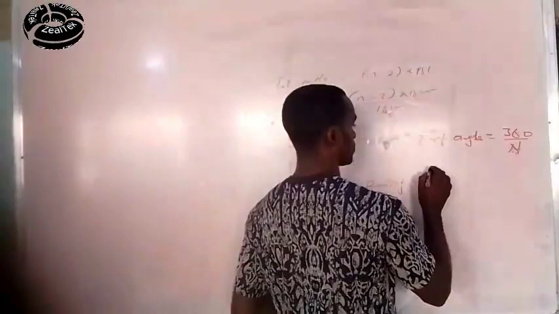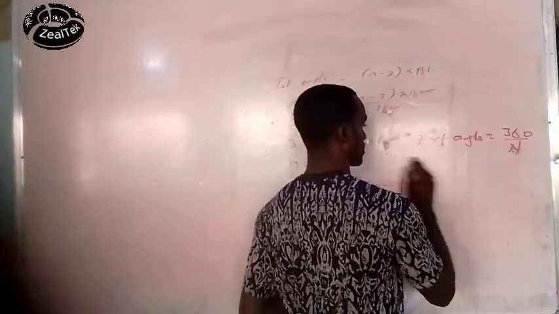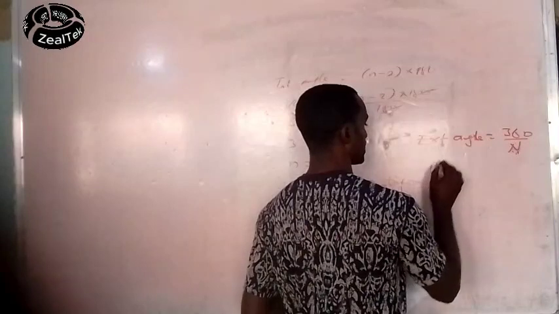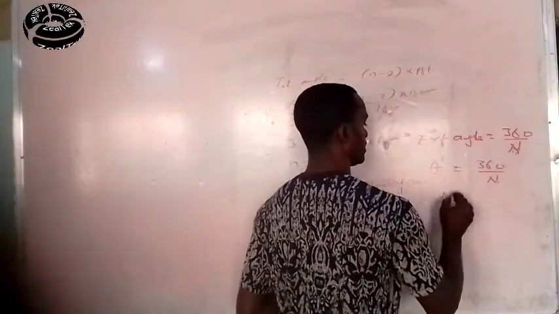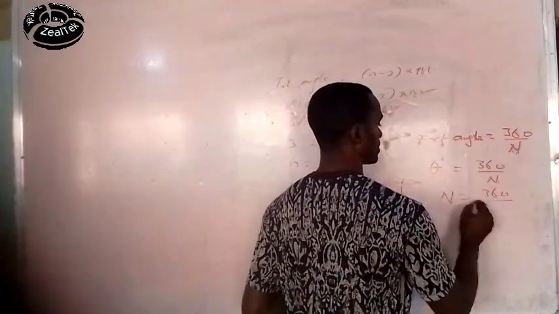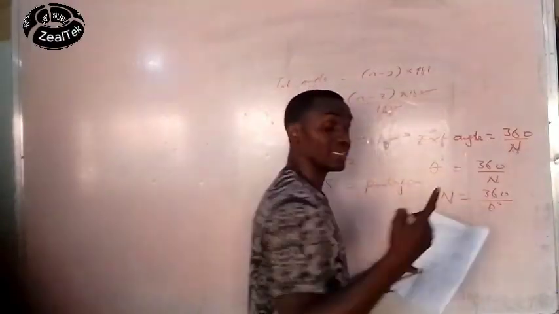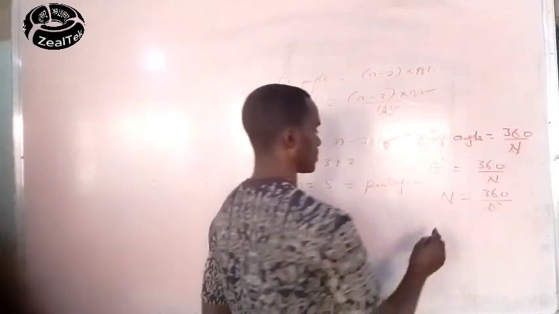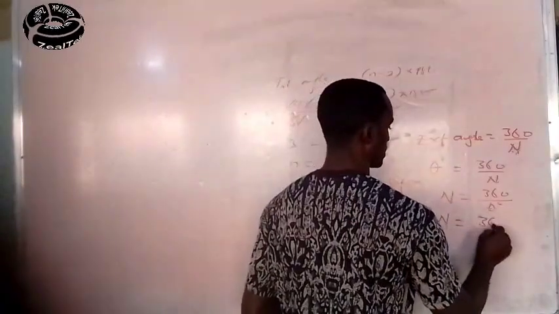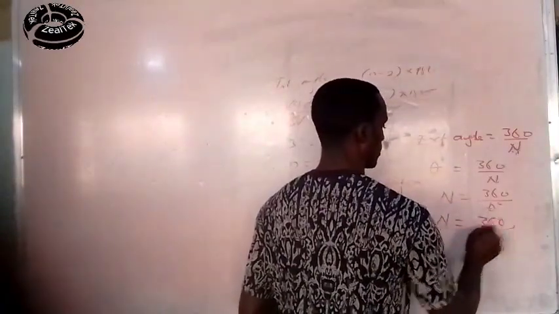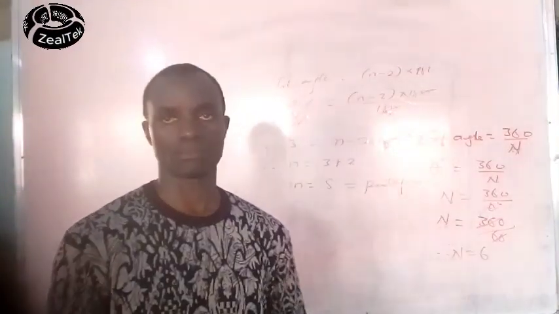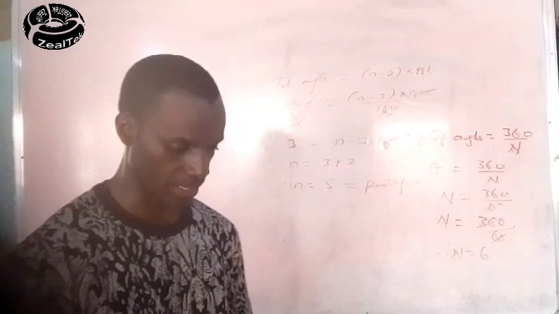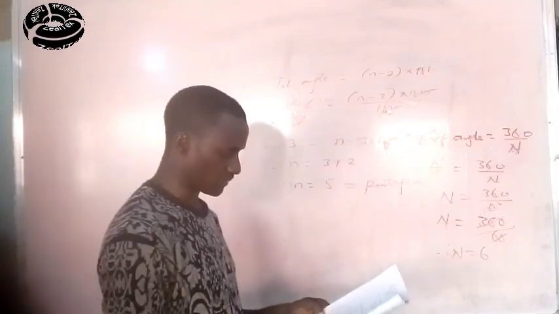We don't know the number of sides, so we cross multiply. External angle equals 360 divided by n. Therefore, n equals 360 divided by the external angle. External angle is given as 60. Therefore, number of sides equals 360 divided by 60. When you cancel, n is going to be 6. It has 6 sides. What's the name of that? It is a hexagon. The correct answer for this is C.